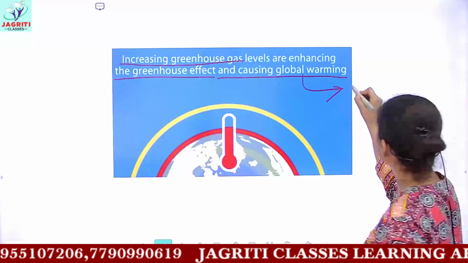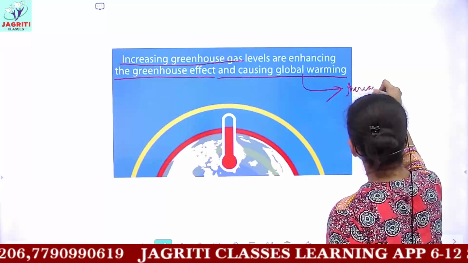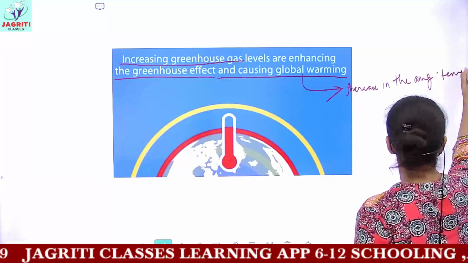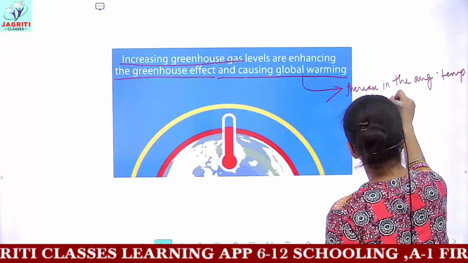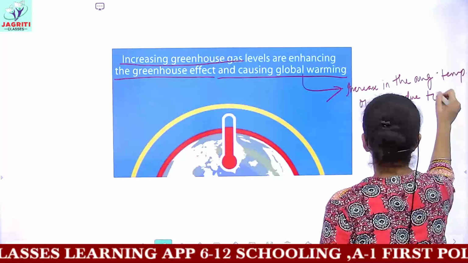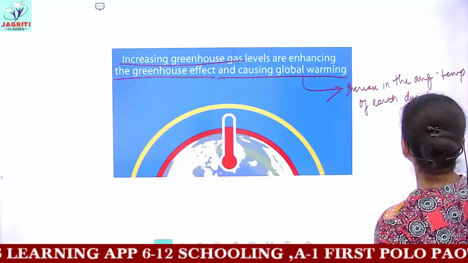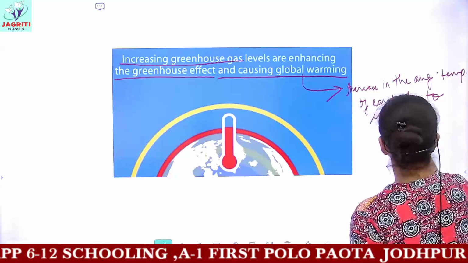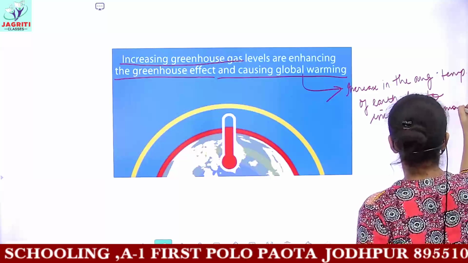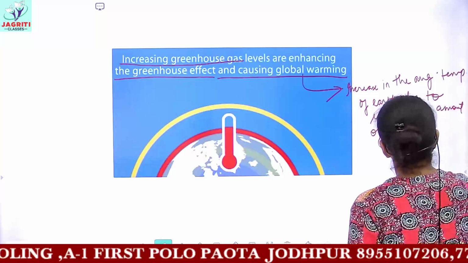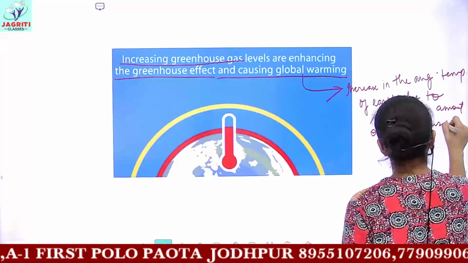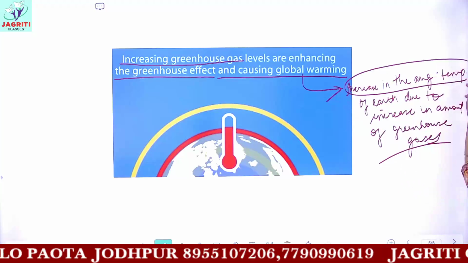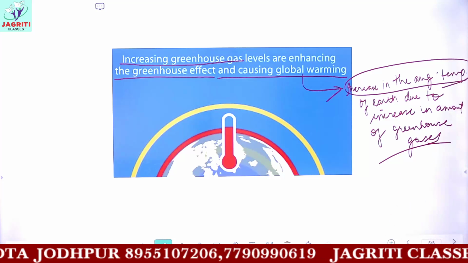So global warming is the increase in the average temperature of earth, the phenomenon in which the increase in average temperature of earth takes place due to the increase in the amount of greenhouse gases. And this average temperature of earth is increasing, so I told you its harmful effects.